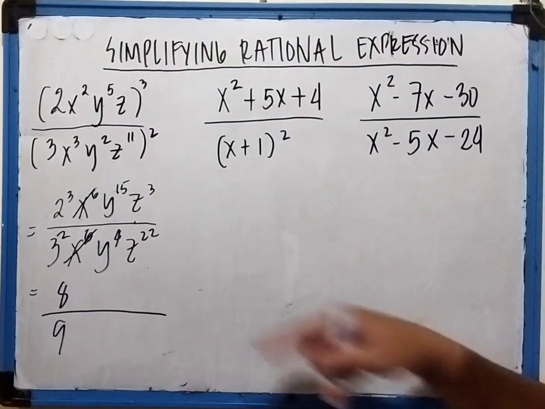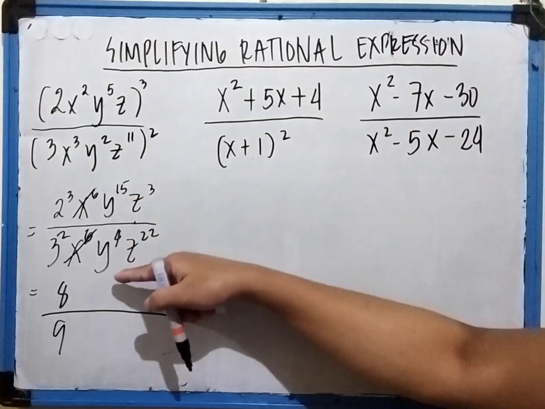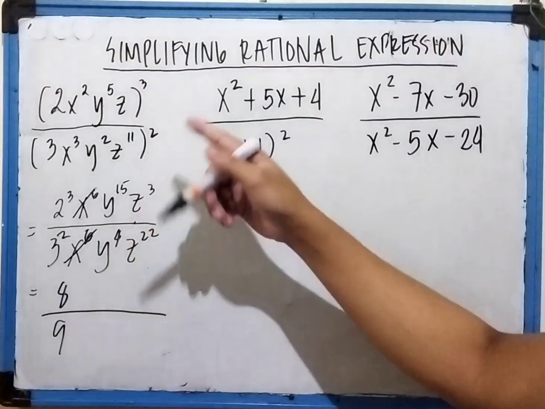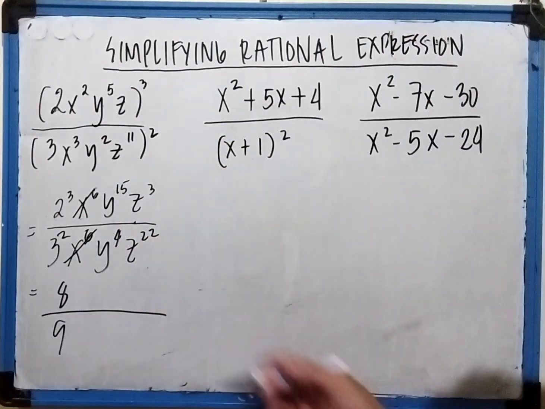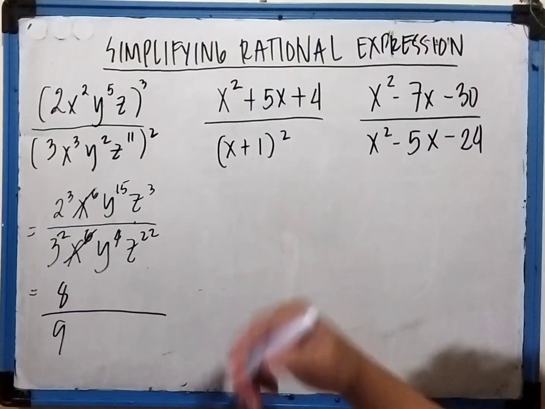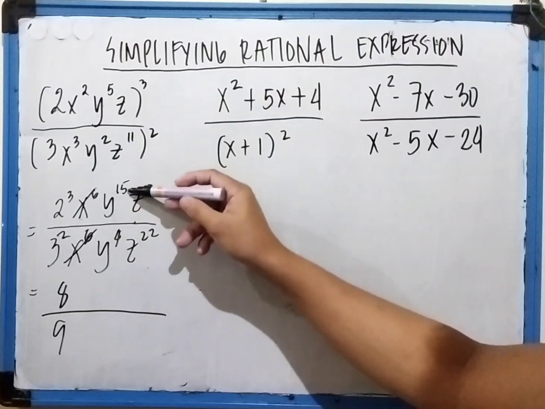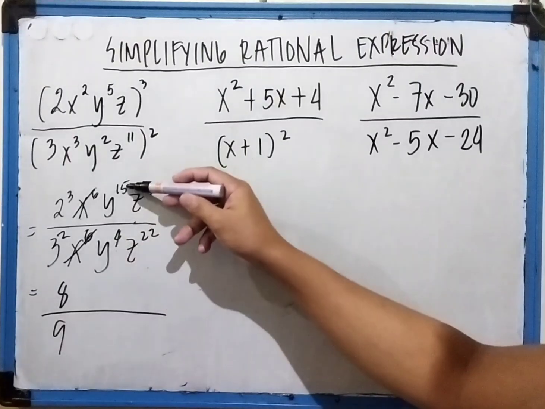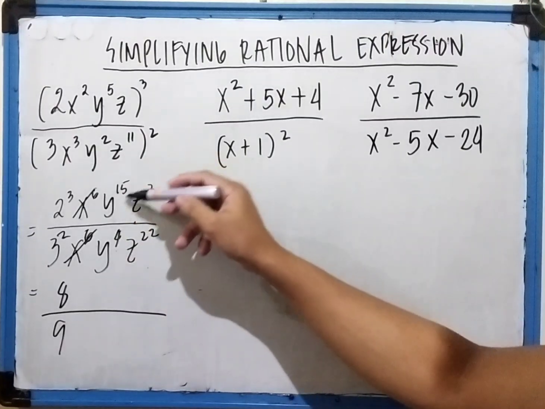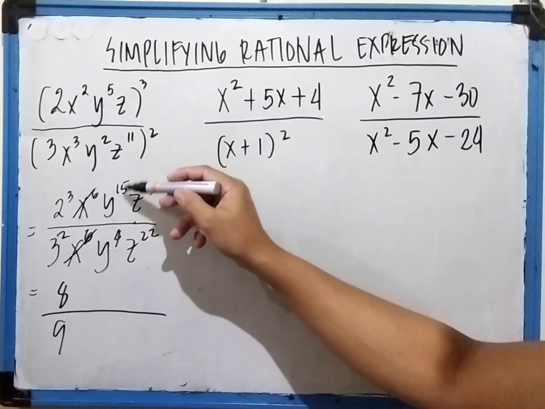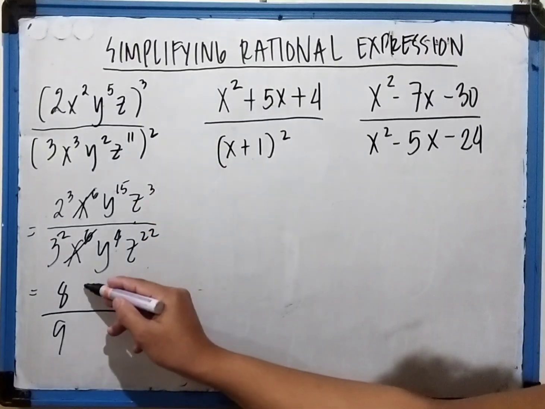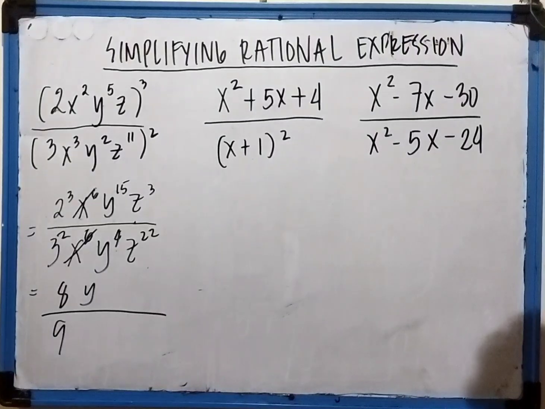Ang technique sa pag-simplify ng variables, ang gagawin lang is look for the highest exponent, tapos doon natin ilalagay yung variable. Tapos, subtract lang natin yung exponent. Halimbawa, sa y 15 and y raised to 4. So, nasa taas natin, numerator yung may mas mataas na yung exponent. So, ang gagawin lang natin, doon natin ilalagay yung y sa numerator.